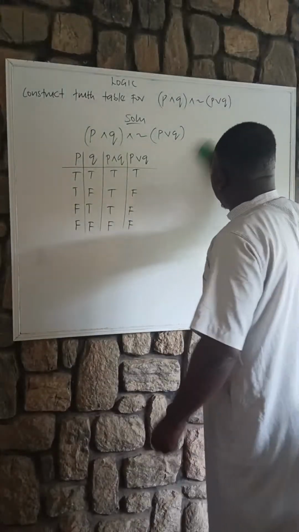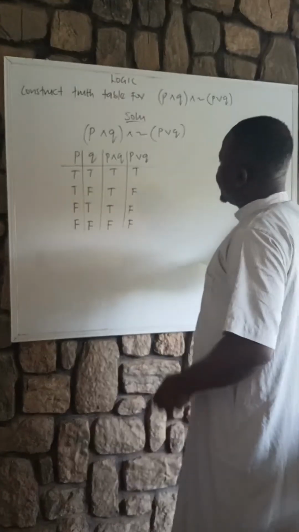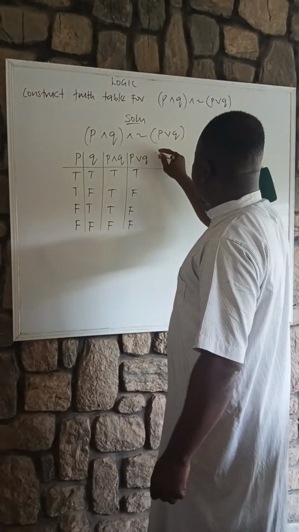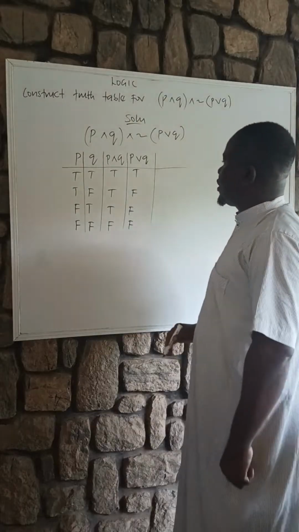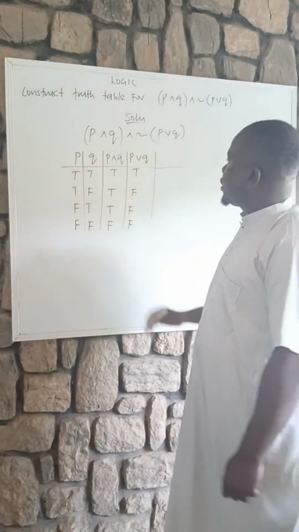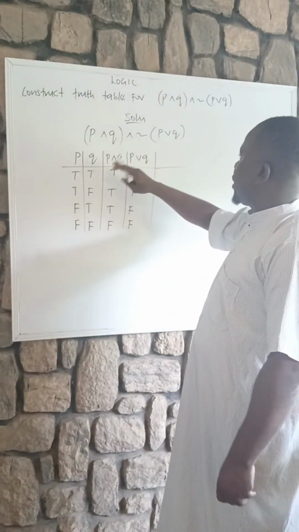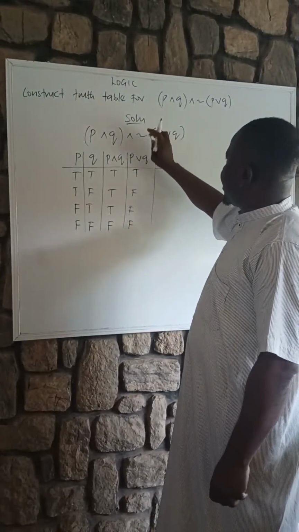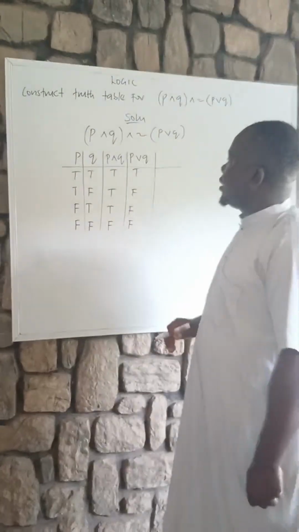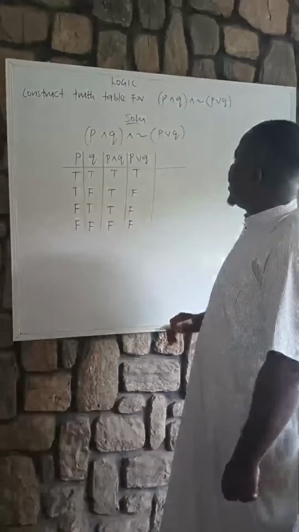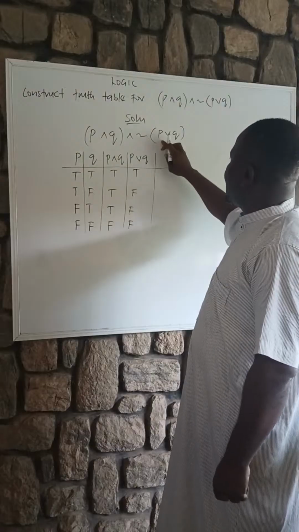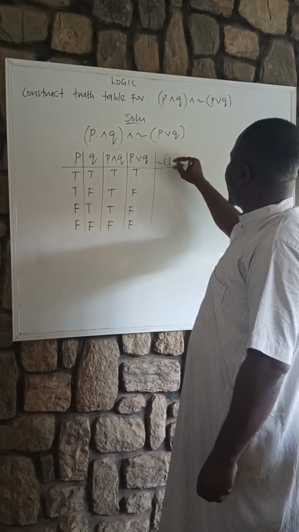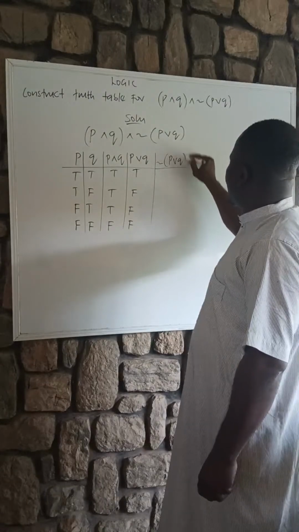Okay. So here we will still expand the truth table, because we will not just stop here. Let us consider negation of P conjunction Q. Amen?